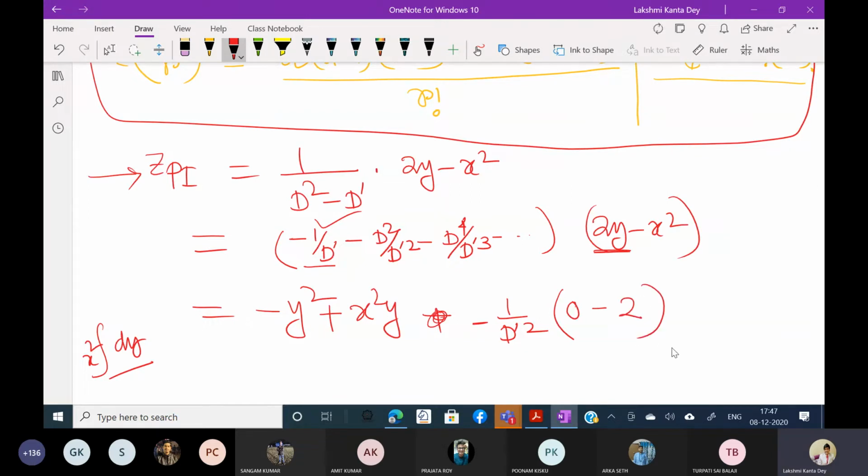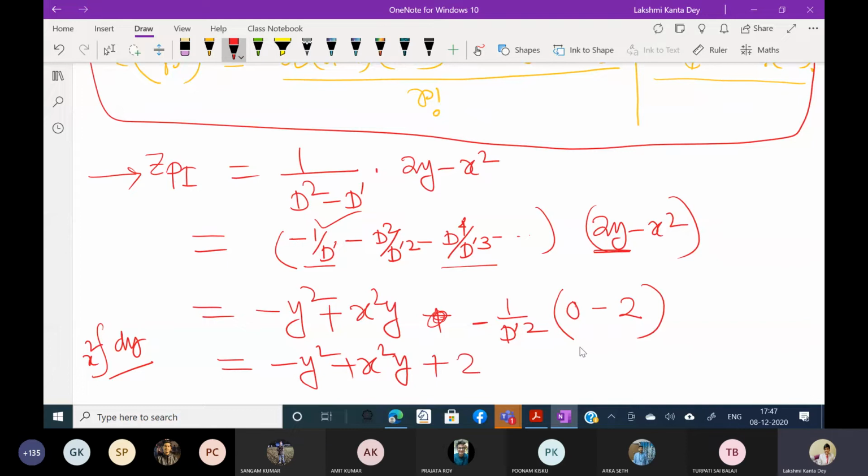And the rest of the parts will be 0, because if we differentiate with respect to x partially 4 times, then everything will be 0. So no need to consider this term. This contribution will be 0. For twice y, it will be 0. For minus x square, it will be minus 2, because one time differentiation gives twice x, and the next time differentiation gives only minus 2. So this is minus y square plus x square y. And now we see whatever it is, it will be plus.